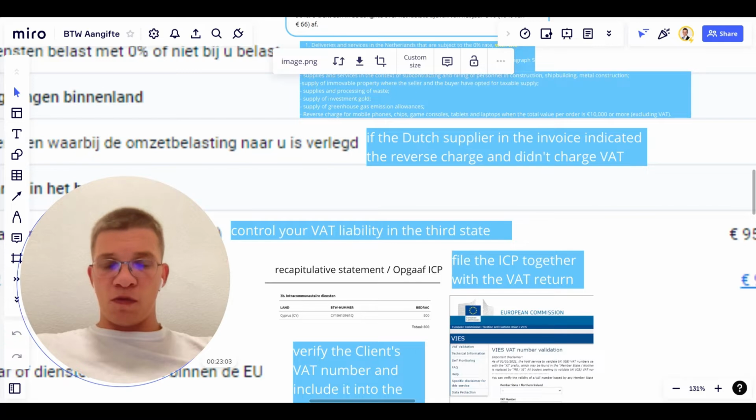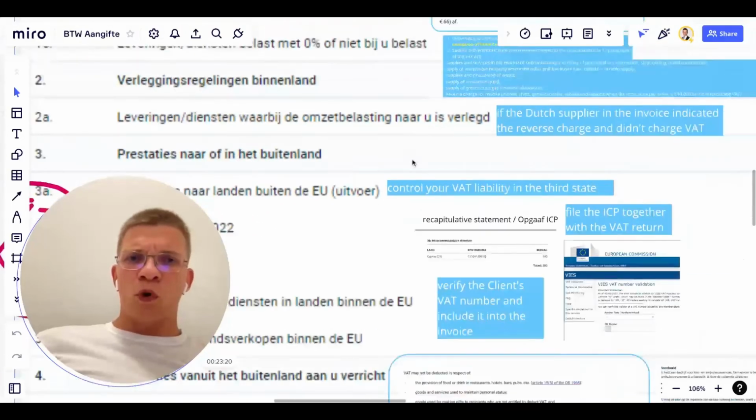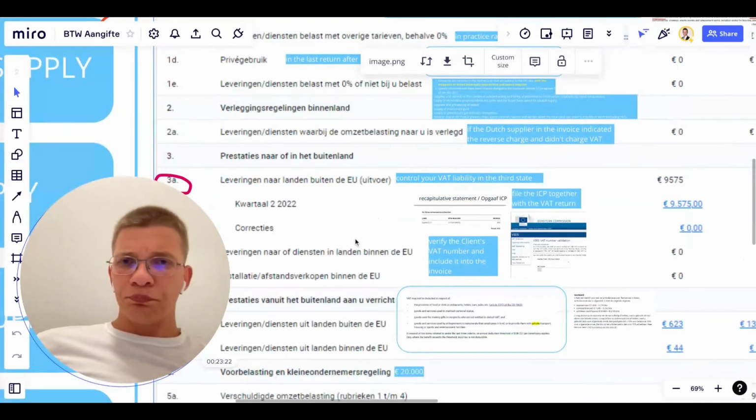In this case, if he has such an entitlement, so if this invoice was correctly filled in, then I have to put the VAT and charge it myself and put it into this section, but this is again more of an exception than a rule.